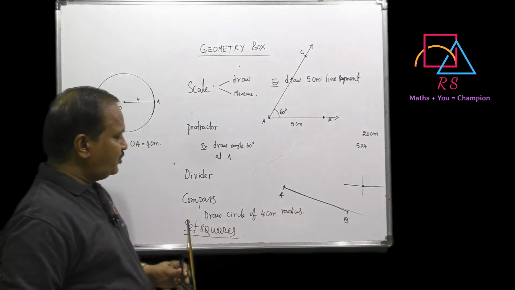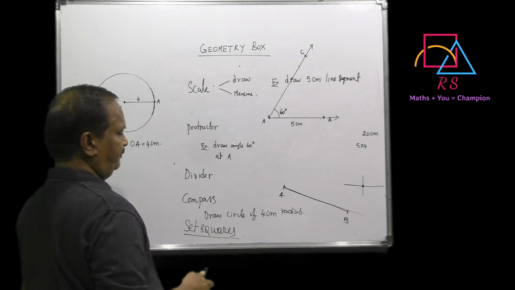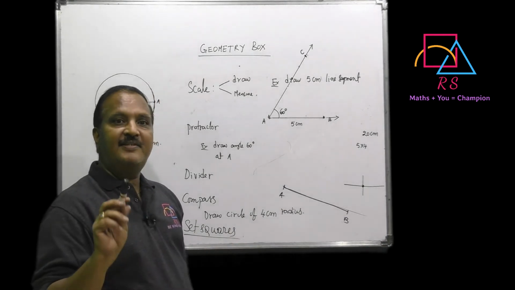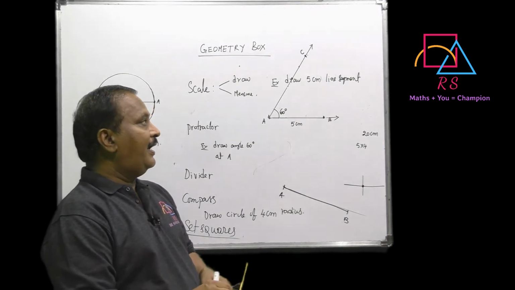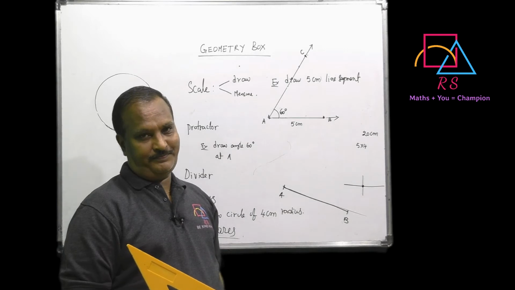Let me see how to draw a perpendicular on AB. Okay, here there is no space. Question is, draw a perpendicular at B using the set square.